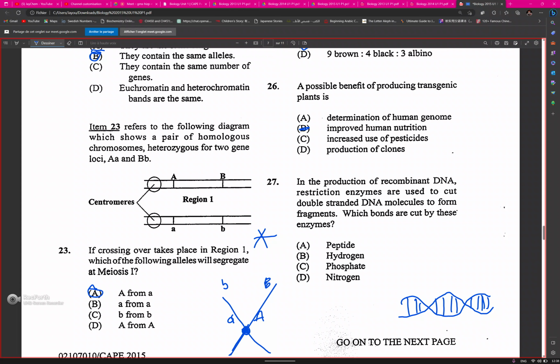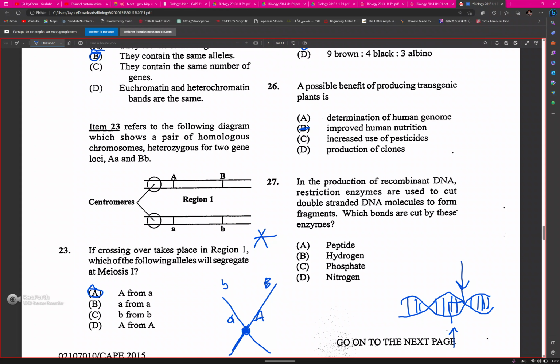So in order to cut hydrogen bonds, you'd have to go that way with helicase. But what restriction enzymes tend to do is cut this way, usually in a shape like that. So they'll have to break phosphate bonds, because they're literally cutting the entire DNA strand. They're not necessarily cutting the hydrogen bonds.